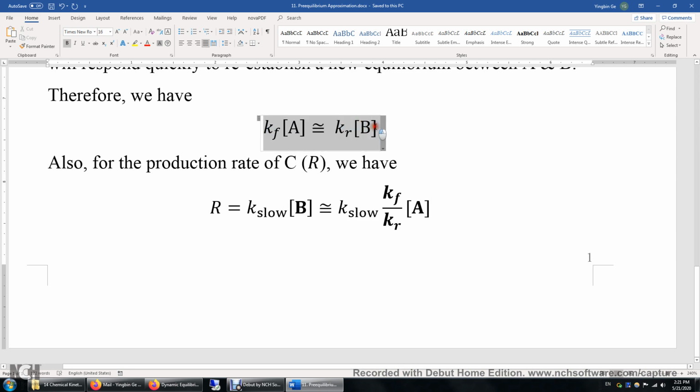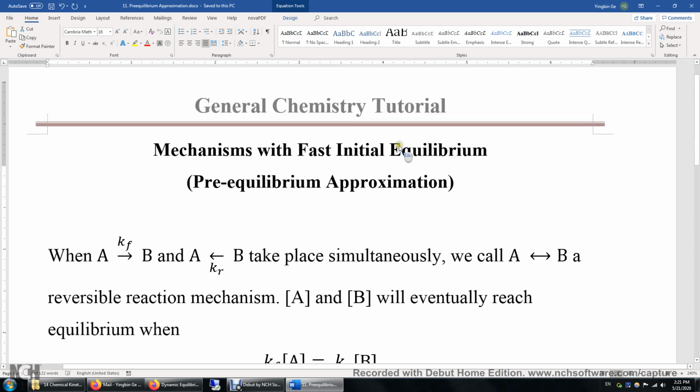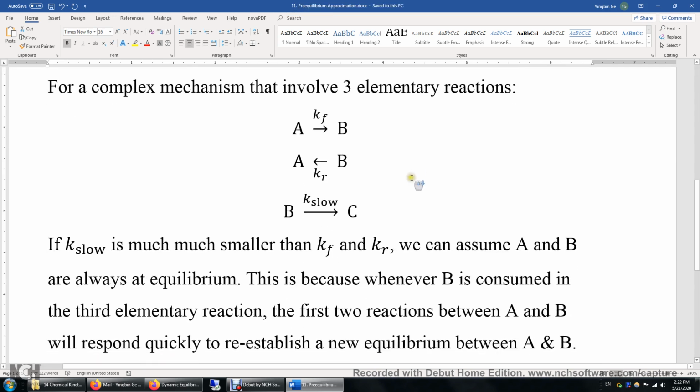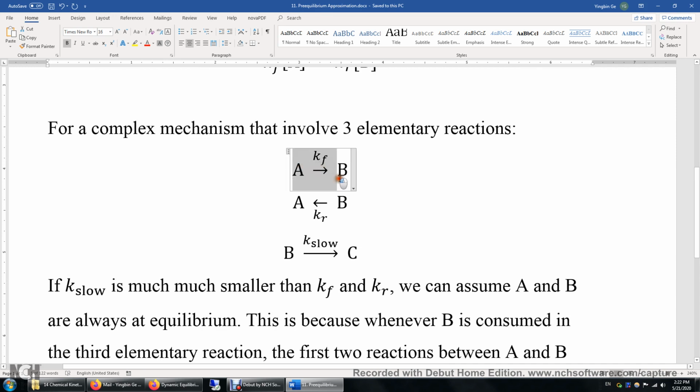And again, this is called pre-equilibrium approximation, or in some general chemistry textbooks, it's called mechanisms with fast initial equilibrium. And the fast initial equilibrium is referring to this A to B and B back to A. So this Kf and this Kr are much, much greater than the last K slow.